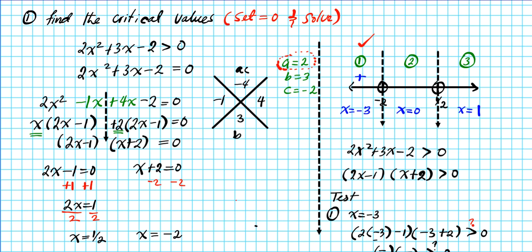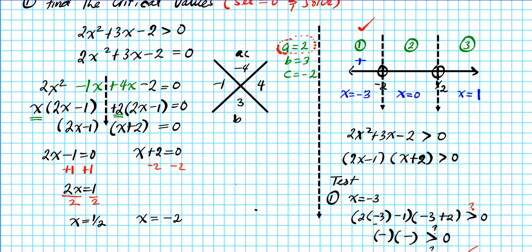So since interval 1 is already a solution, then we automatically should expect interval 3 to be a solution, and for interval 2 not to be a solution. So it's always either the two outer regions or the inner region. Okay? So let's keep that in mind.